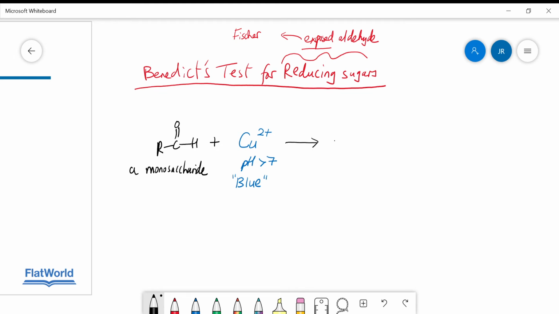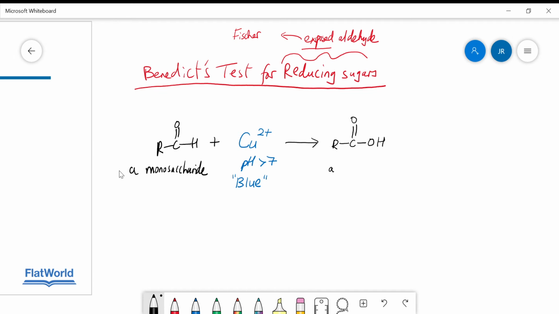So what we get is we oxidize the aldehyde to a carboxylic acid. Where have we seen that chemistry before? We saw that chemistry in the previous video. Primary alcohols are oxidized to aldehydes. Aldehydes are oxidized to carboxylic acids.